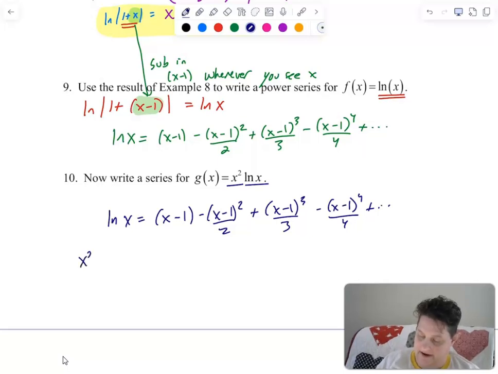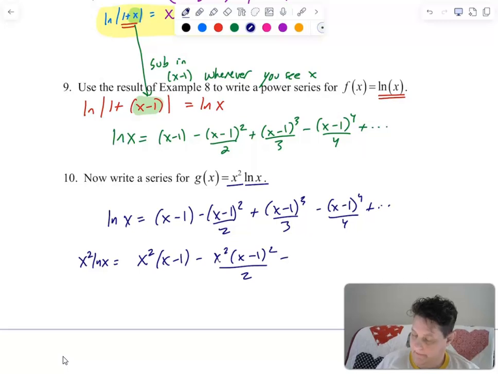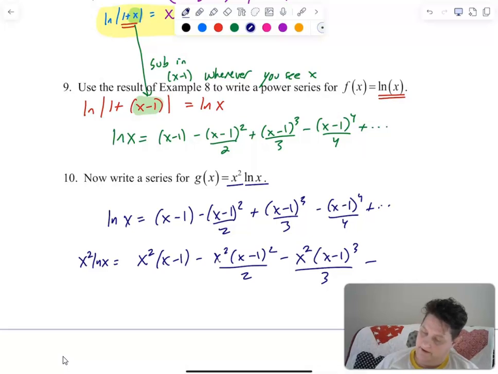That means that x squared ln x is just x squared times each of these terms. So x squared times x minus 1, minus x squared times x minus 1 squared over 2, plus x squared times x minus 1 cubed over 3, minus x squared times x minus 1 to the 4th over 4, dot, dot, dot.